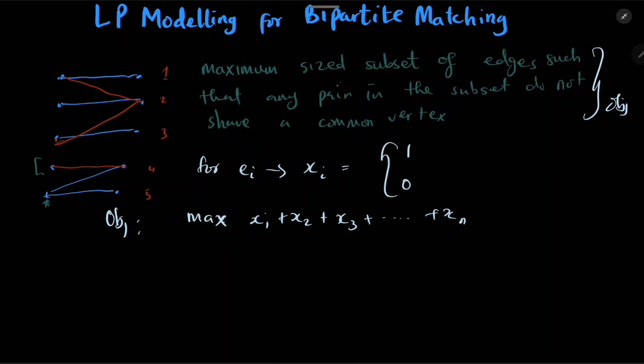And the next thing we consider right now would be our constraints. What will be the constraint? For a bipartite matching situation, the constraint would be that some of the edges would share a vertex. But if we are going to represent that, it should look like this. So this is a constraint.